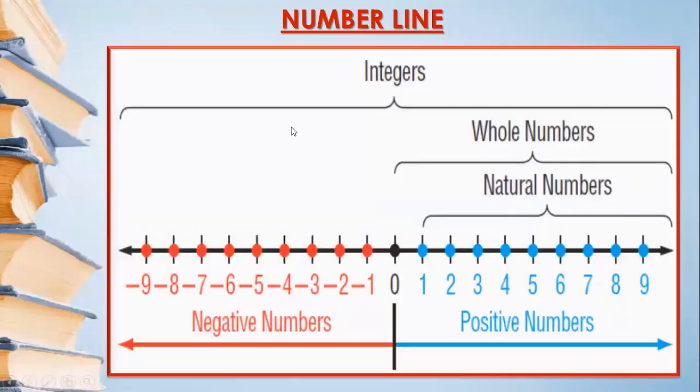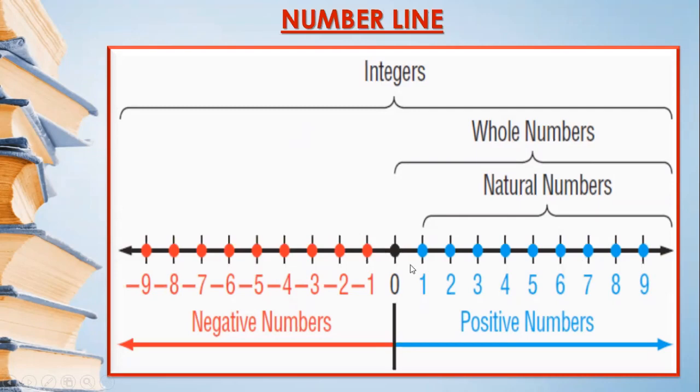After getting the solution set, we are required to plot these solutions on the number line. When we draw a number line, on the left hand side we have negative numbers and on the right hand side we have positive numbers, and in between we have 0. 0 is considered a non-positive, non-negative integer.